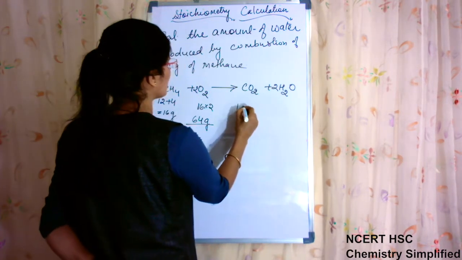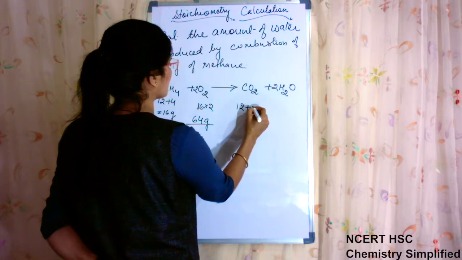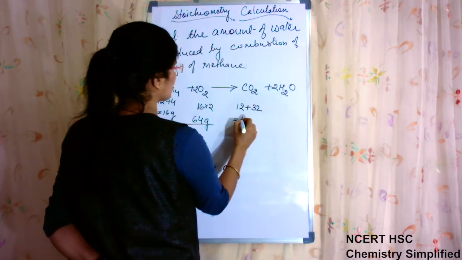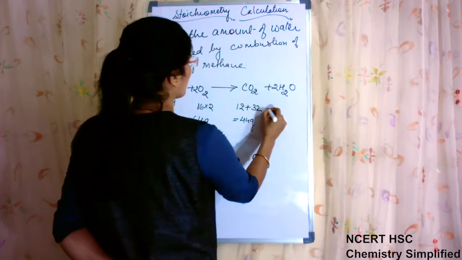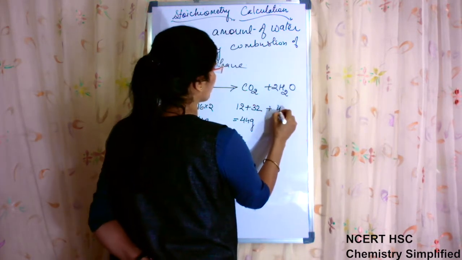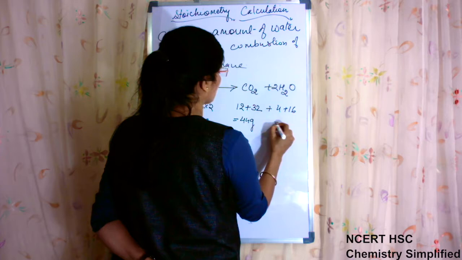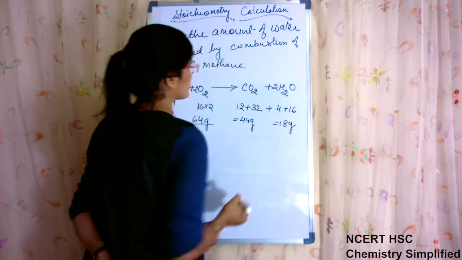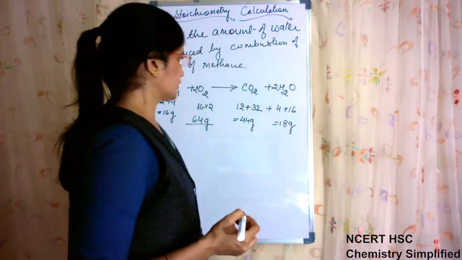Carbon dioxide, 12 plus oxygen 32, that is 44 grams, and water, here it will be 2 into 2, 4 plus 16, that is 18 grams.